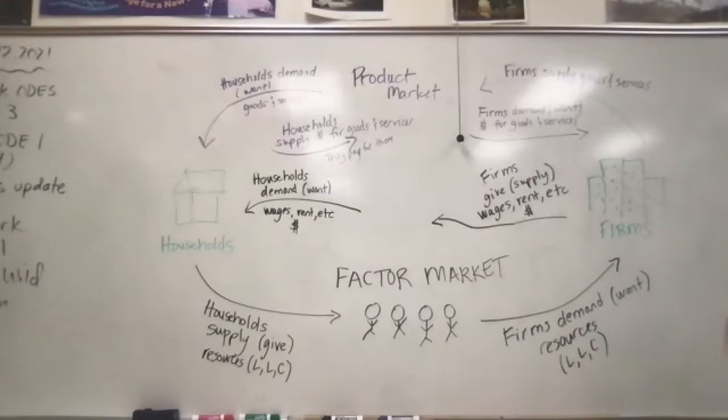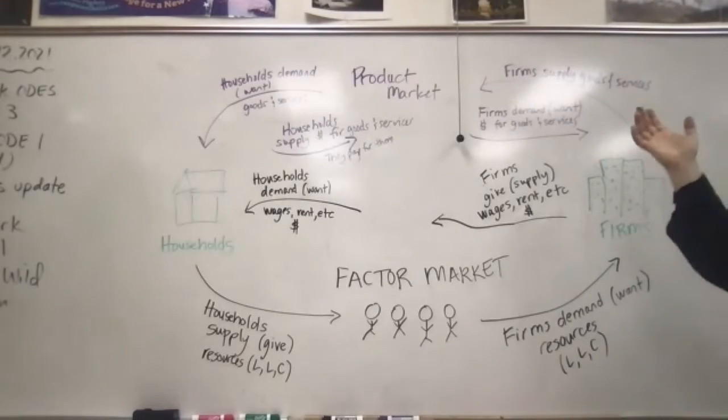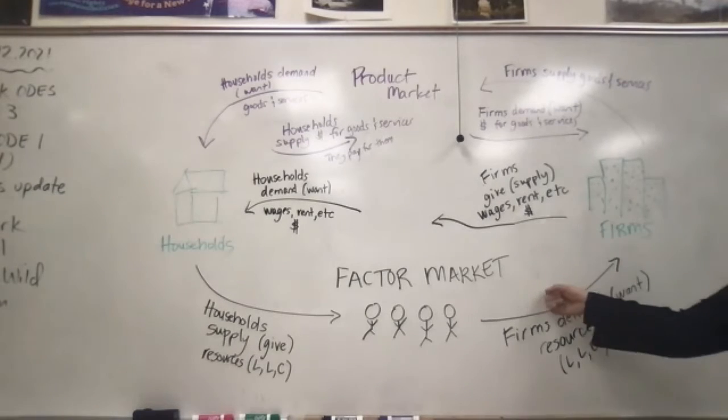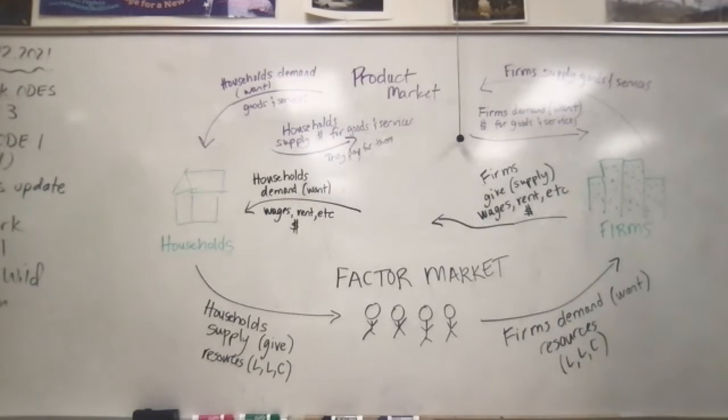Right? And you could see what happens. Hey, if you're raising your price too much, people aren't going to buy them. Right? If you charge too little and you don't make that much money, how are you going to get your resources down here in the factor market? Right?